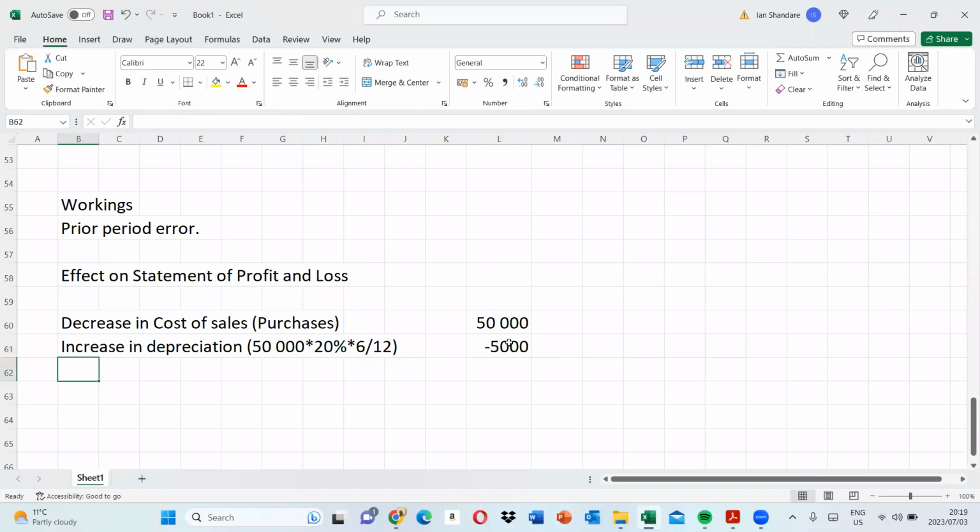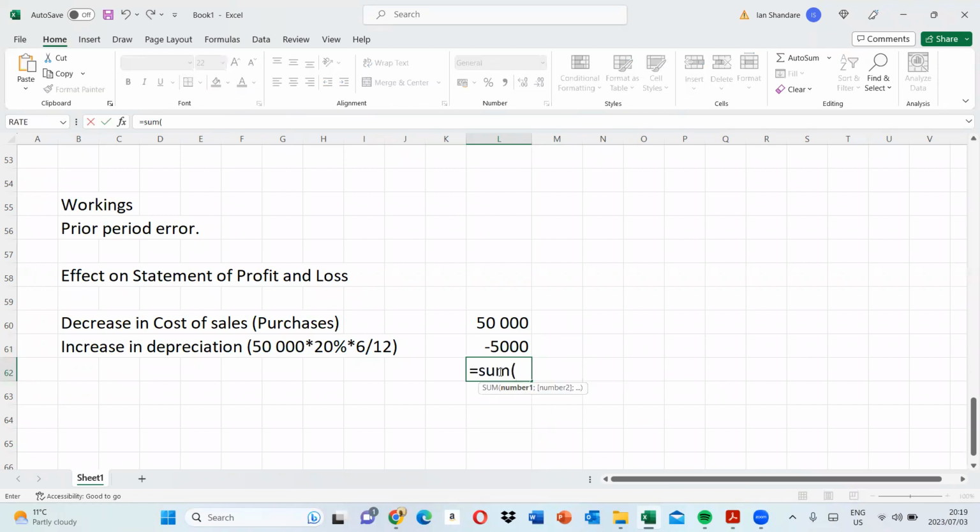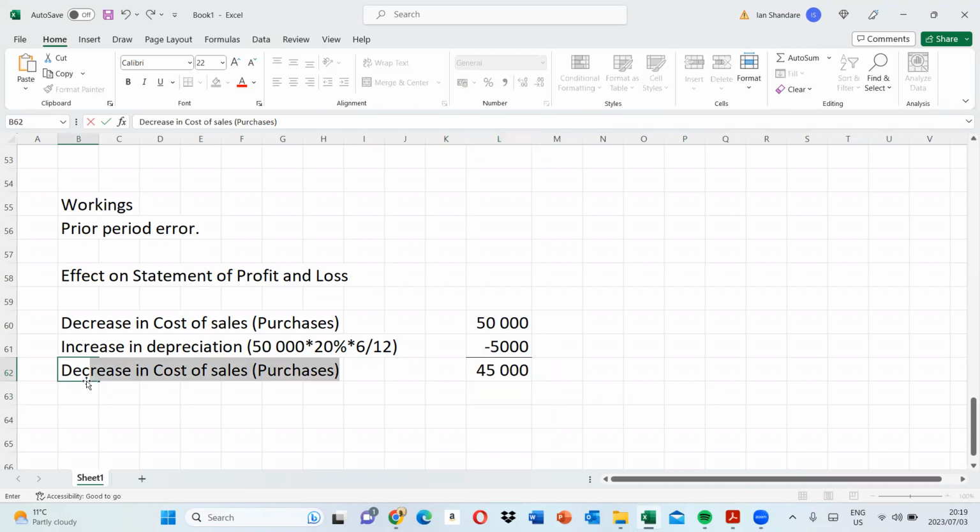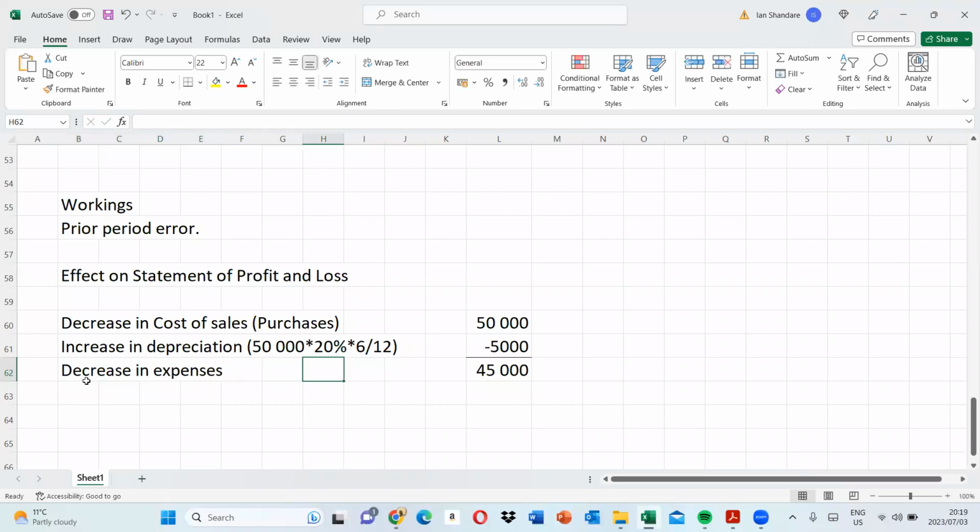In this case, it's 5,000. Now, what is the net effect of this? This is you still doing calculations. Can you see the net effect is actually a decrease in expenses on the statement of profit and loss. So you have a decrease in expenses of 45,000.